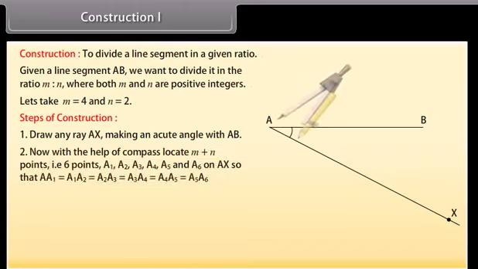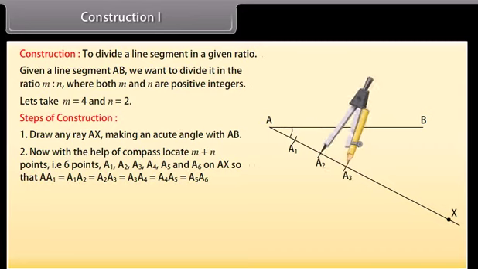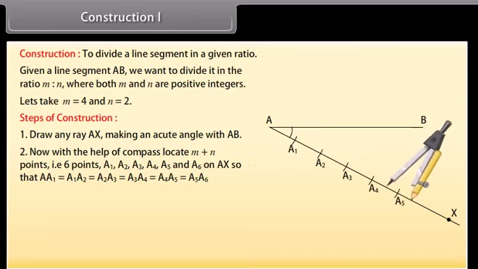Now with the help of compass, locate m plus n points, that is 6 points, A1, A2, A3, A4, A5 and A6 on AX so that AA1 = A1A2 = A2A3 = A3A4 = A4A5 = A5A6.